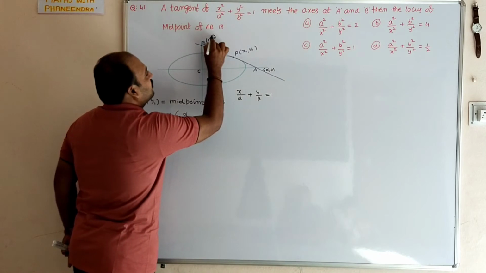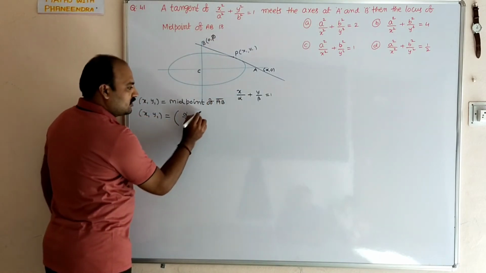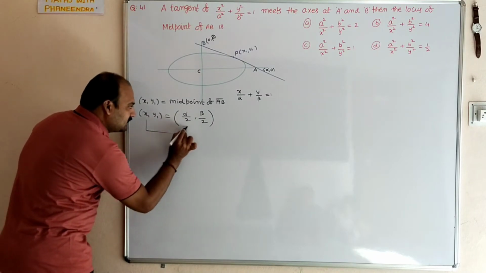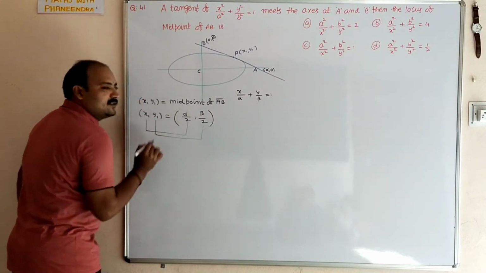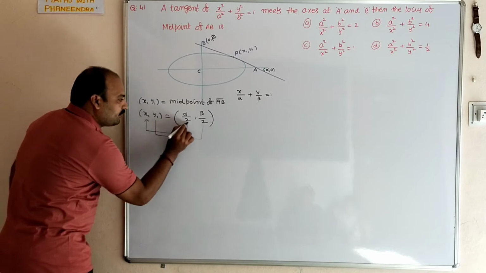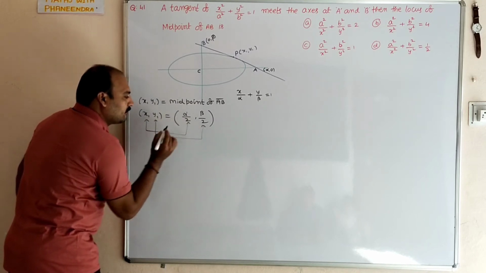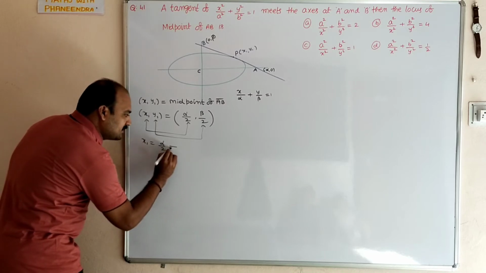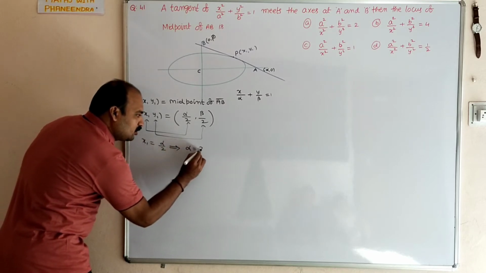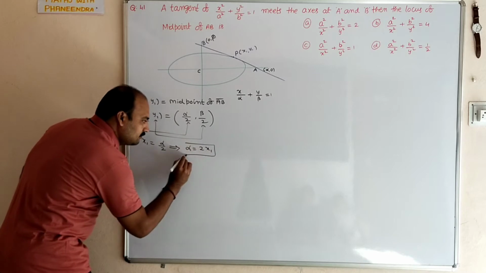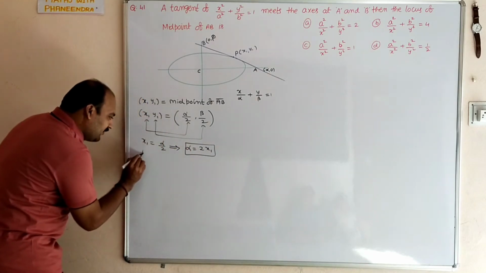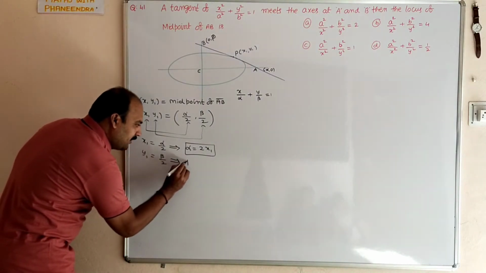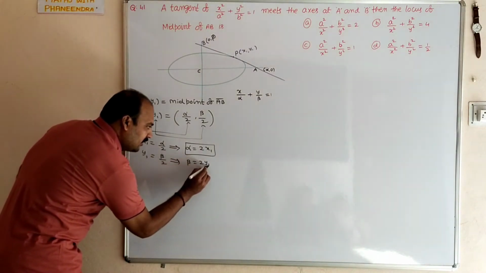So, this is beta, not B. By equating x coordinates and y coordinates, x1 is equal to alpha by 2, that implies alpha is equal to 2x1. Similarly, y1 is equal to beta by 2, cross multiply, beta is equal to 2y1.